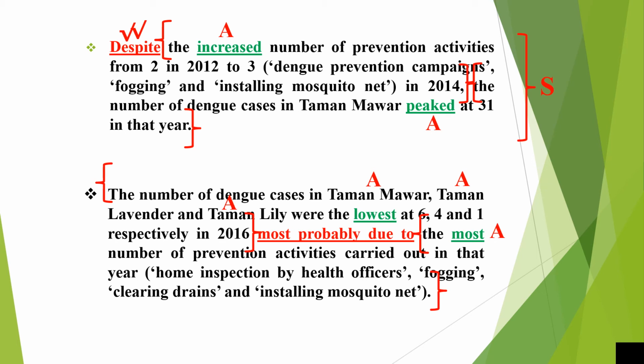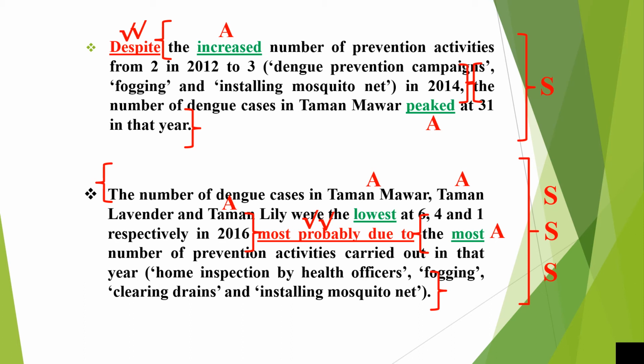So the link has been done logically. Then the whole thing is a synthesis. How many syntheses do we have here? 1, 2, 3 all together. So why is it 3 syntheses?